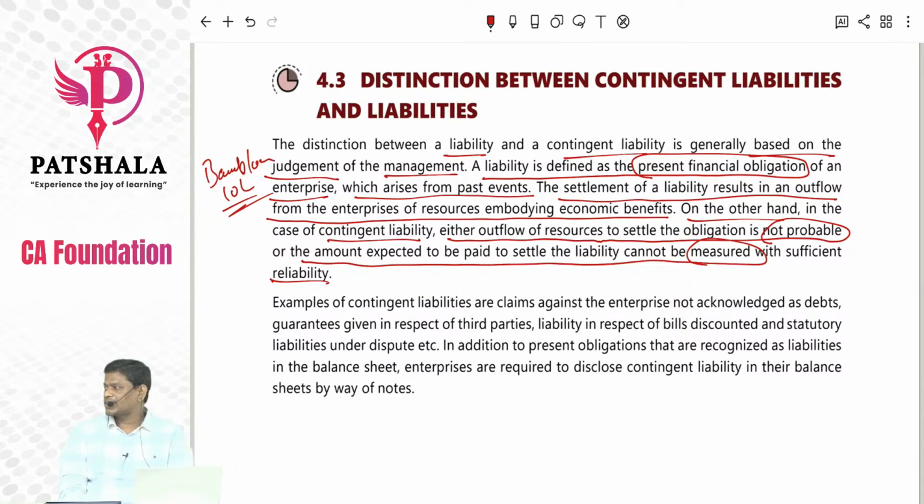Whereas contingent is a possible or probable obligation which cannot be measured with sufficient reliability.